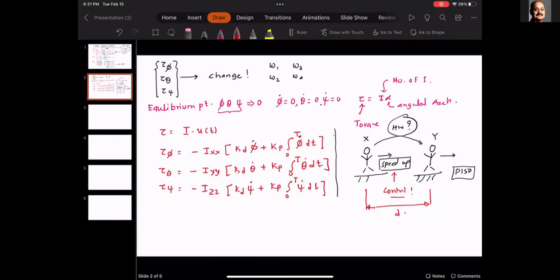Proportional controller means that when person X sees that person Y is too far away from him, he's going to speed up and try to catch up to person Y. So speed is proportional to d. This is also called the error, because the distance between person Y, I'm going to call this dy minus dx, is nothing but the error. So speed is proportional to error. This is proportional control.